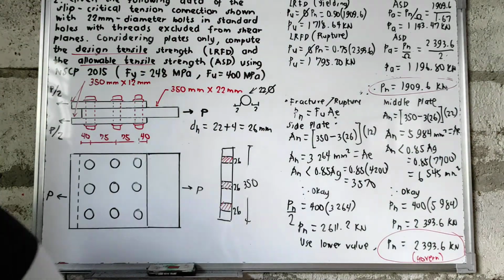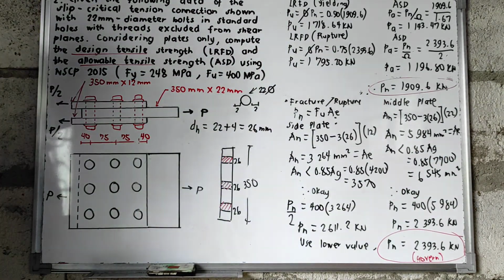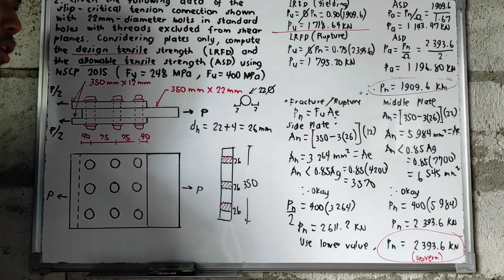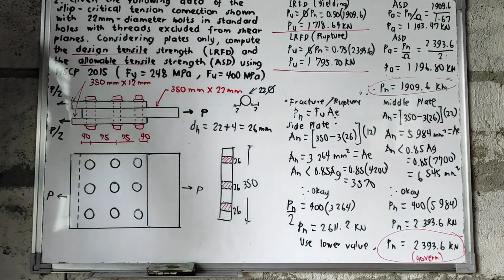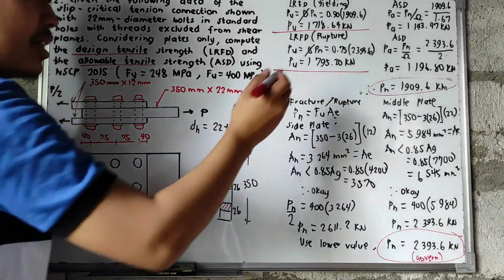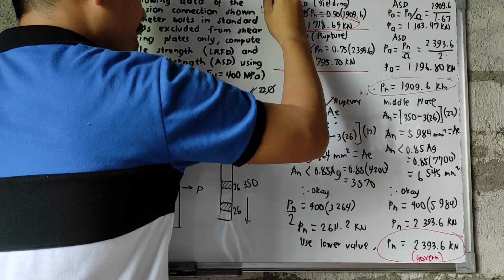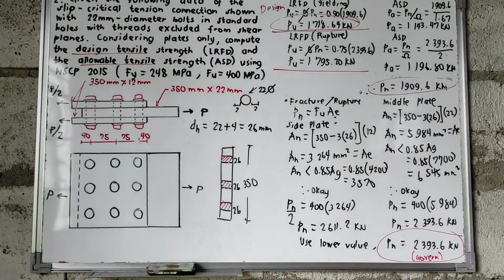So for this one, i-consider natin dito na design tensile strength. So meron tayong nakuha na dalawang value. So yung unang value natin dito, etong 1,718.64 at saka etong 1,795.20. Siyempre, yung i-adapt natin dito is the least value. So eto yung design tensile strength natin. Next naman, same lang tayo sa ASD.